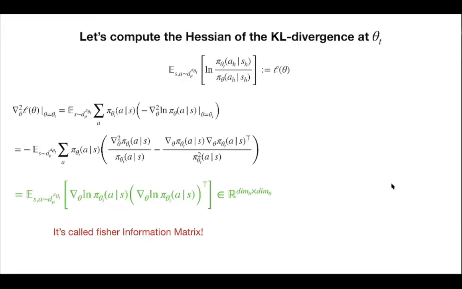Sorry, what happened to the denominator of pi squared theta t? In the expression above, we had pi squared theta sub t of A given S. Oh, you mean here? Yeah. You have the derivative of the log, right?